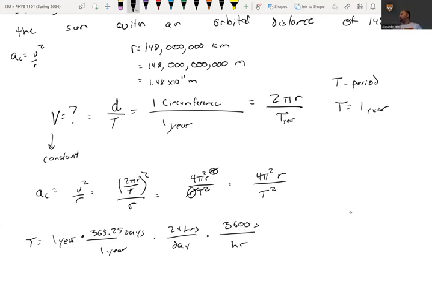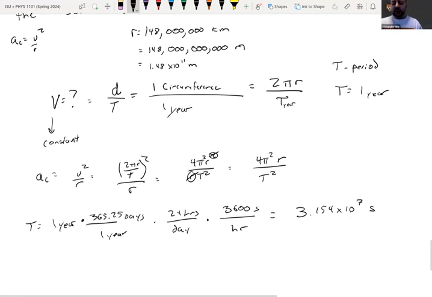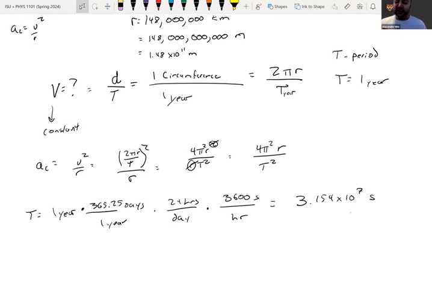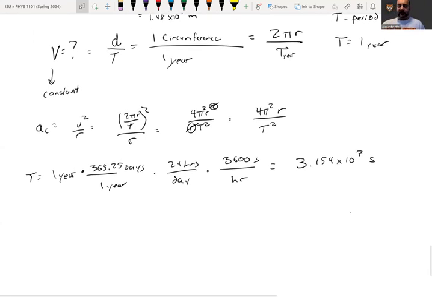Or you could just cheat and Google seconds in a year. This is a constant, and it is 3.154 times 10 to the 7th seconds. That's a perfectly fine way of doing it. Knowing this is how you get the conversion is nice, but you don't necessarily need to do that.